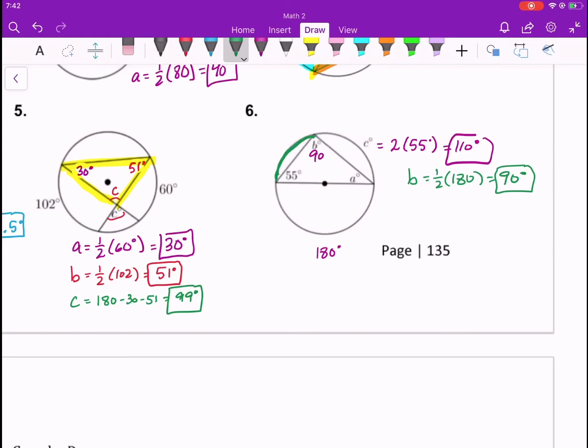Or since we've got a triangle in here, I could just go ahead and say that A has to equal 180 minus 90 minus 55, which would be 35 degrees. My bad, I had a moment. 35 degrees.